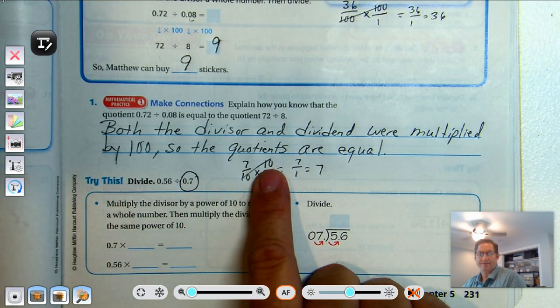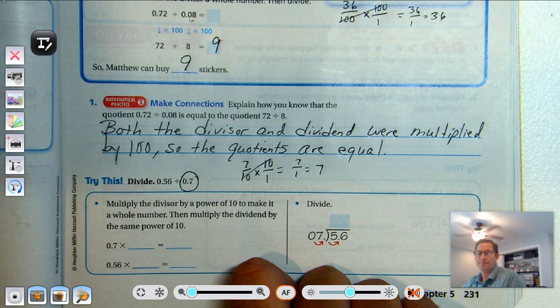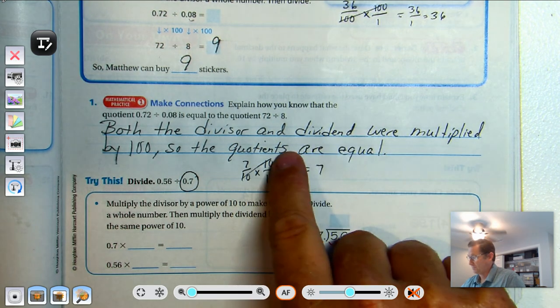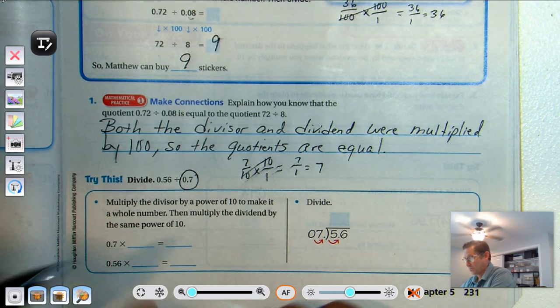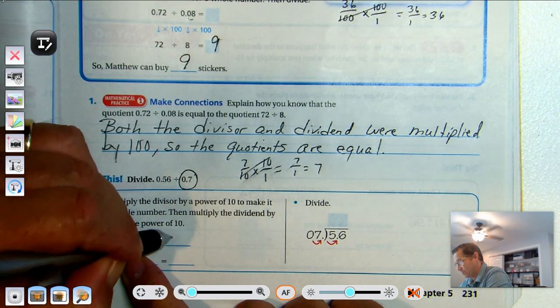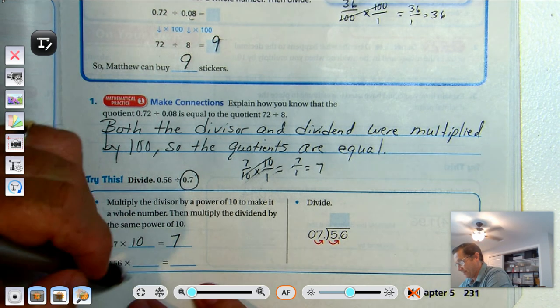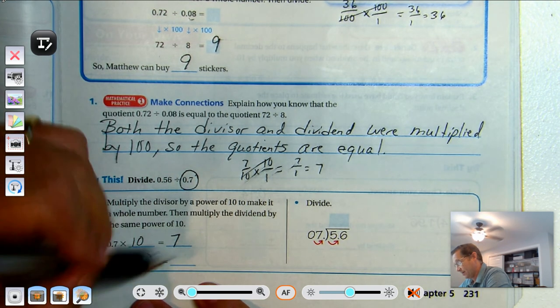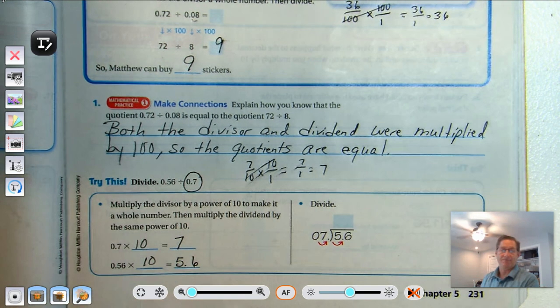Because 7 times 10 is 70, and 70 divided by 10 is 7. So I just eliminated the tens. So if we multiply 7 tenths by 10, we know we get 7. If we multiply 56 hundredths by 10, we would get 5 and 6 tenths.